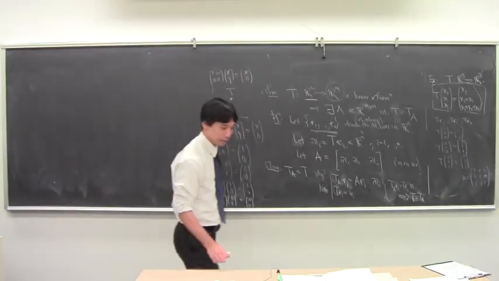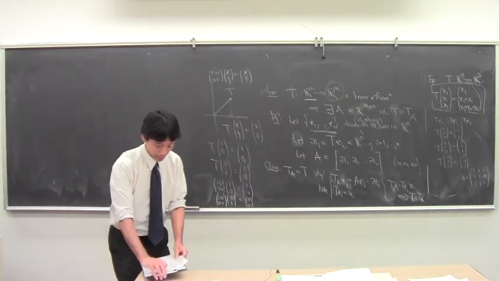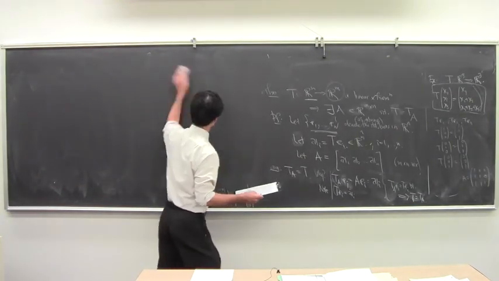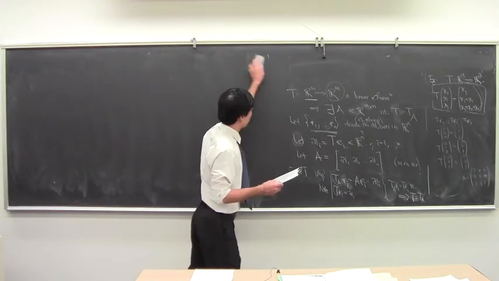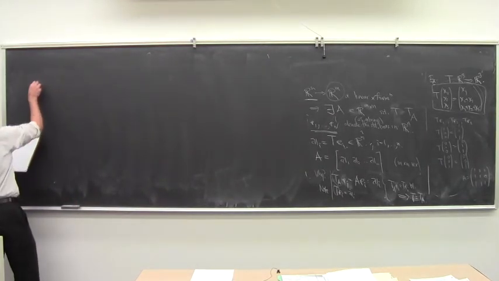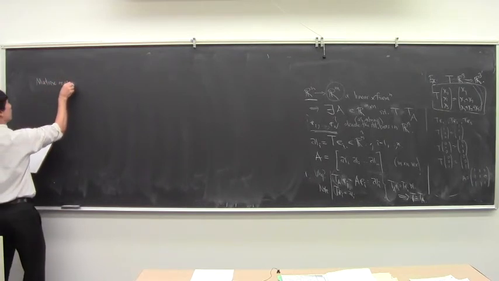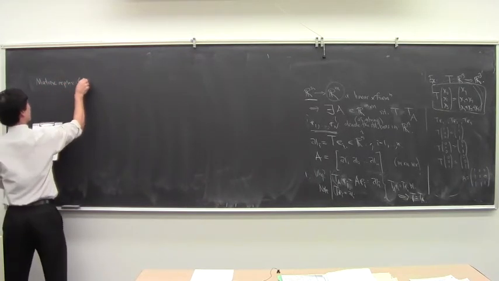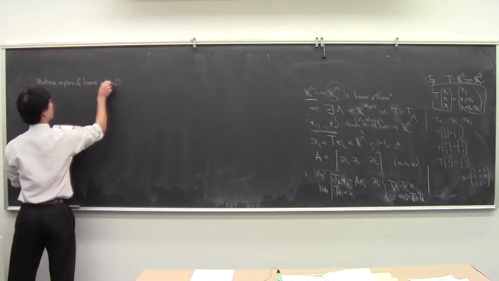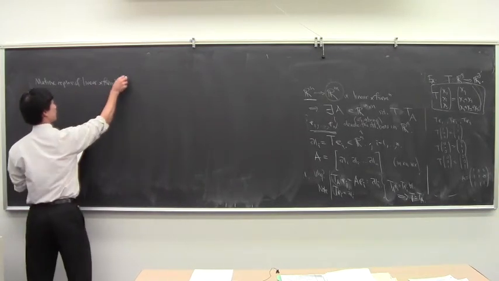Okay, let's go on to the more complicated things. Matrix representations of linear transformations between abstract vector spaces.